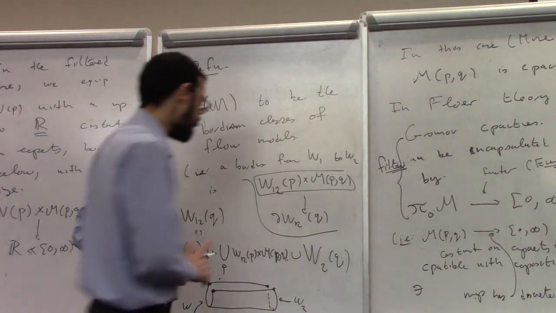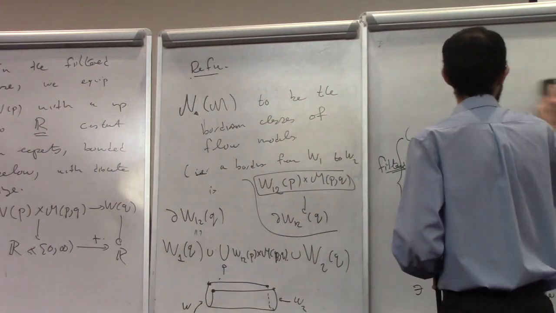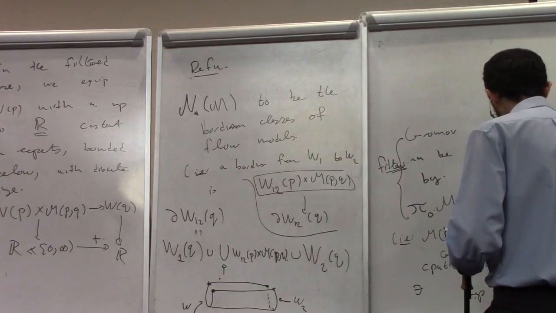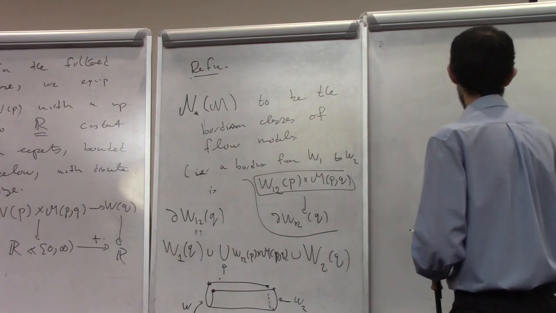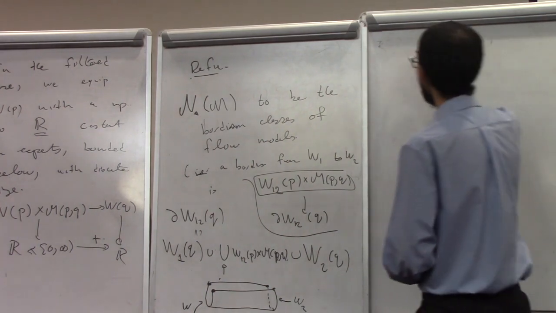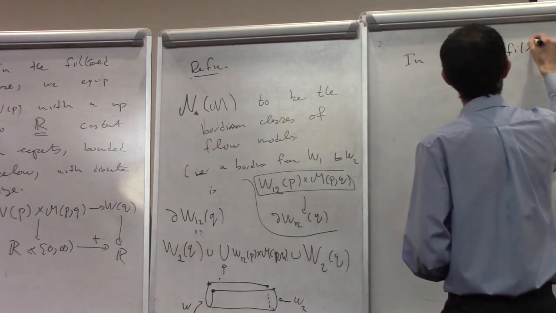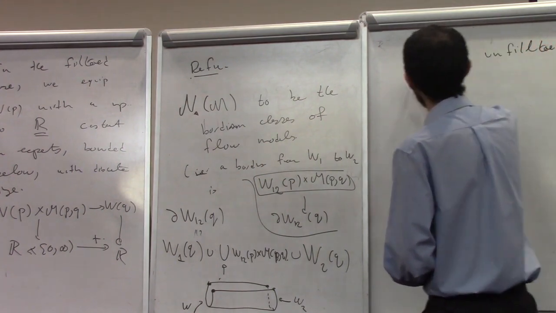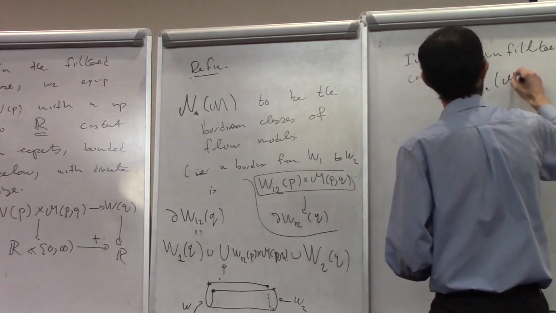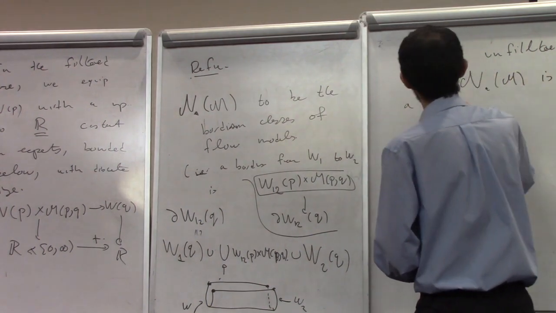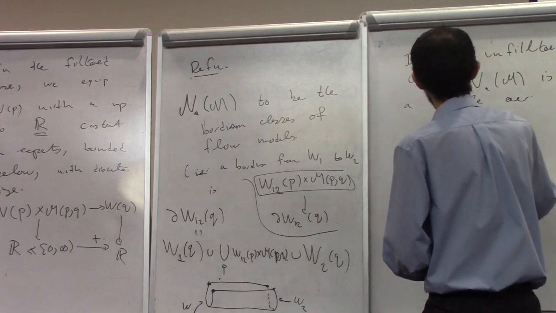Okay? So I want to point out some obvious facts. The first obvious fact is that in the unfiltered case, this thing is a module over the unoriented bordism of a point.